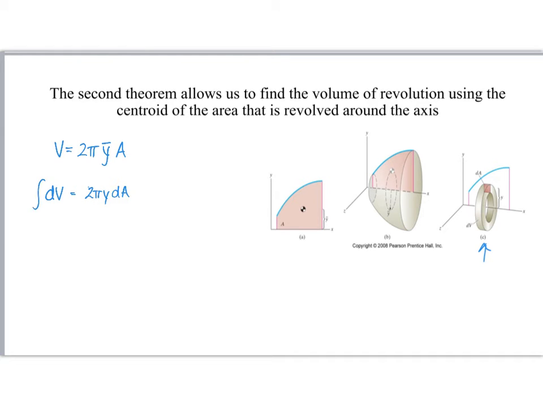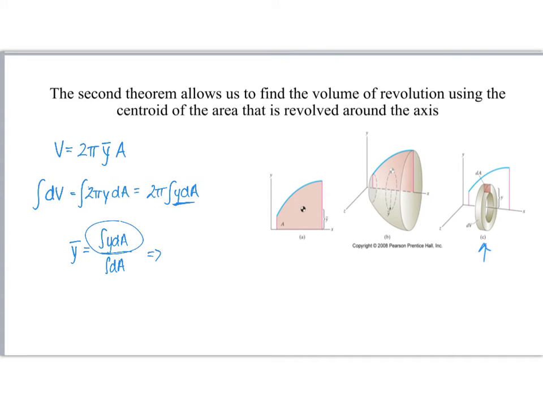And so if we integrate both sides, again we get a very similar expression for calculating the volume, where we have this integral of y dA, and again just recognizing the fact that the centroid of the area that we started with would involve this same integral.